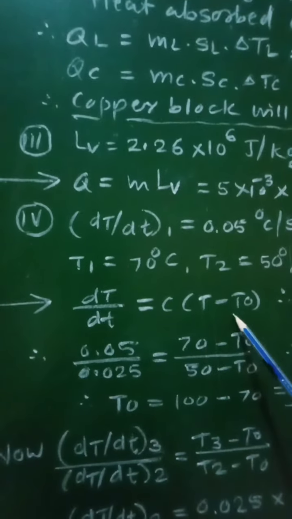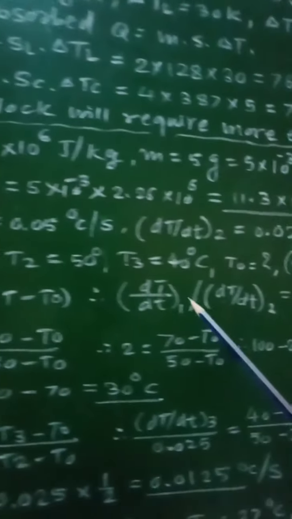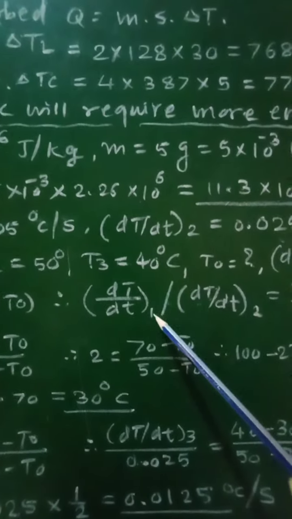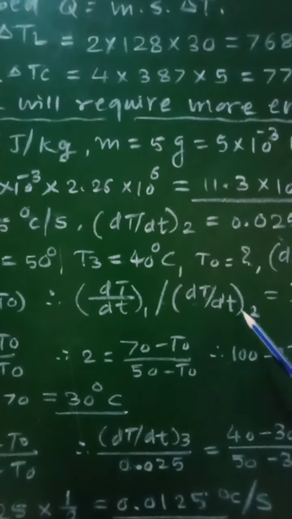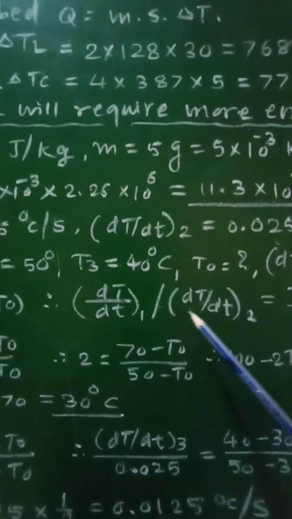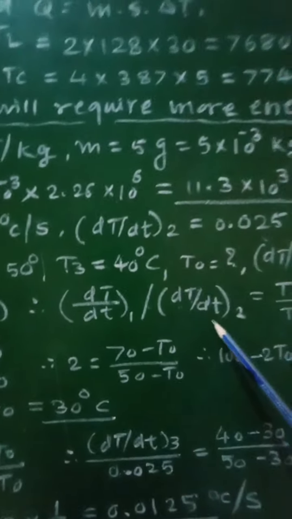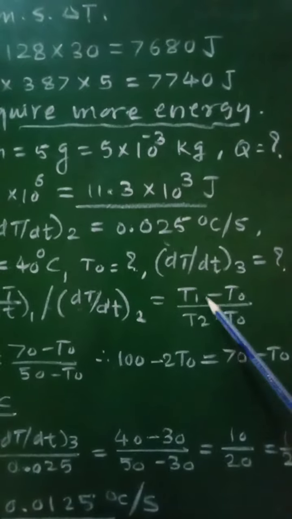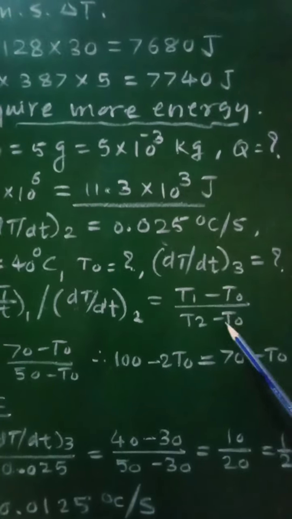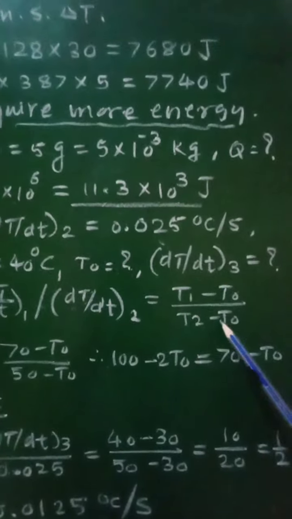Now applying this formula for the first two rates of cooling, we can write dT by dt1 divided by dT by dt2, which is equal to T1 minus T0 upon T2 minus T0.